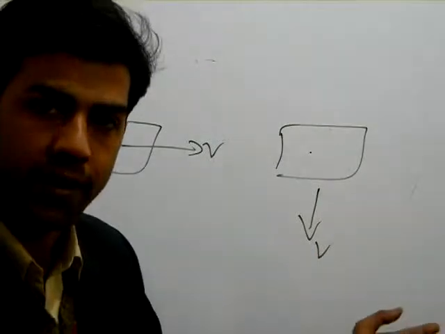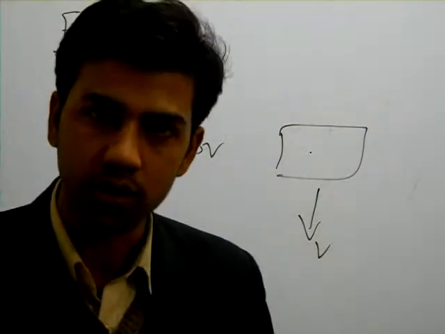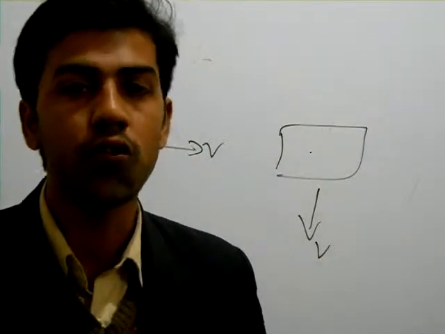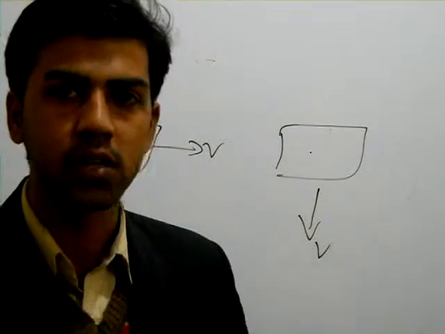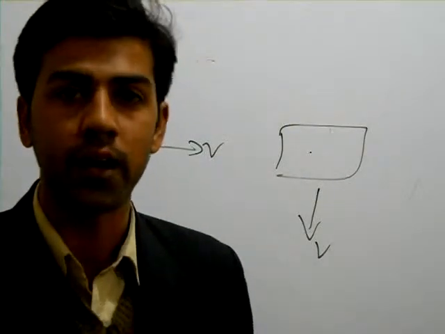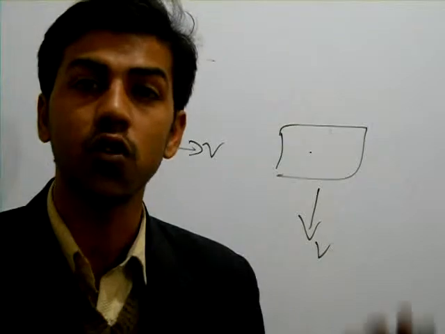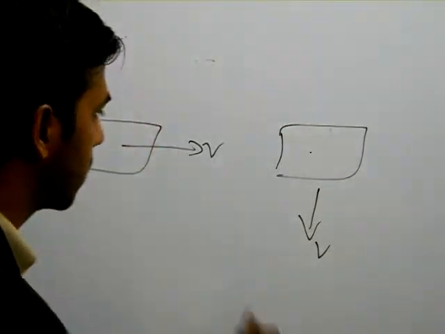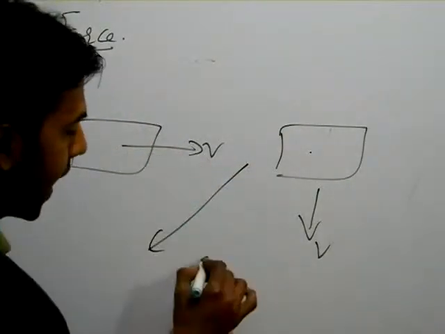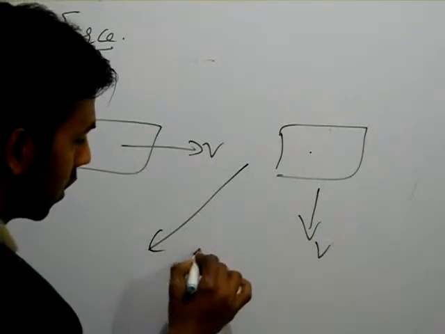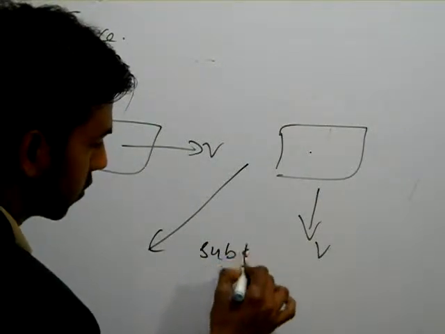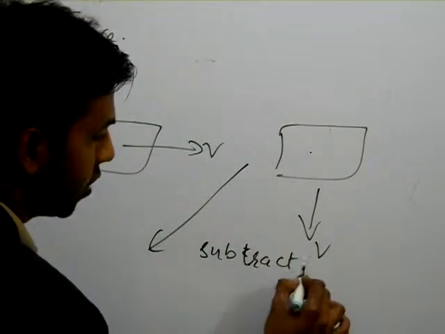So there is a force acting on it. But in which direction? We have to look for the direction. So in this case, we have to do one more thing to find out the direction. We have to find out the direction of change in velocity. For that, we have to do subtraction of vectors.